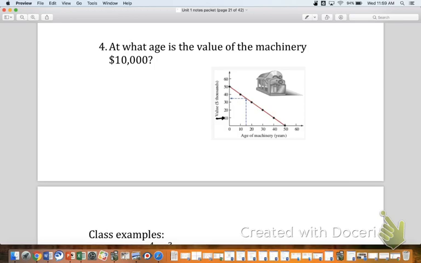So I'm going to try to draw straight across, like so. So I'm thinking about 40 years. Does that sound about right? So I just say 40 years to match up with that $10,000. Before, we've been looking at all the inputs and trying to figure out what the output was. This time we looked at an output and tried to figure out where that input would be, so 40 years.